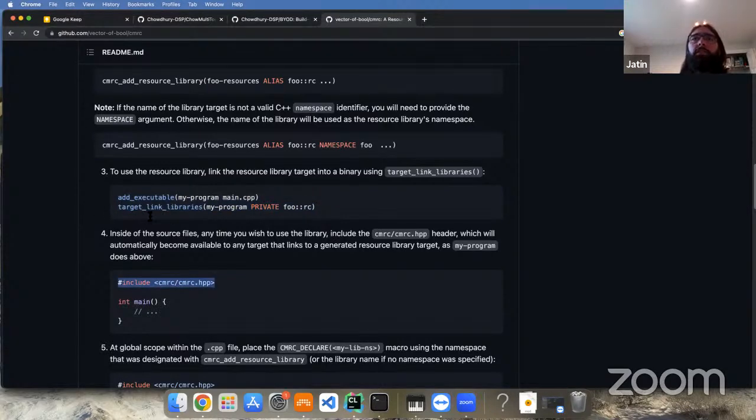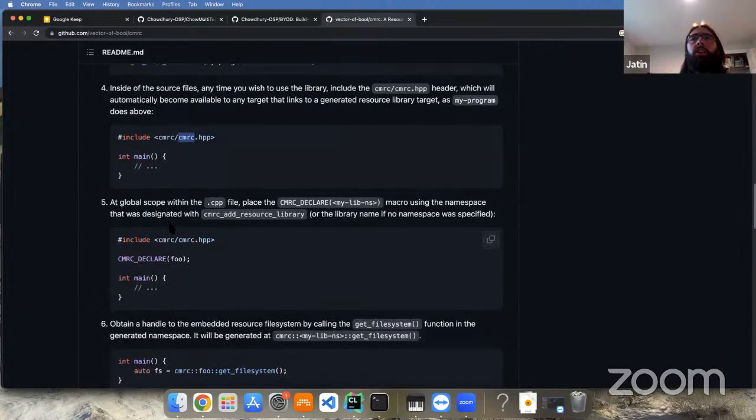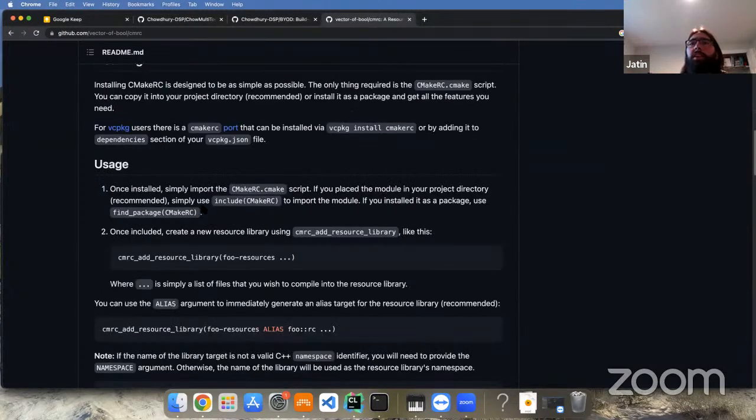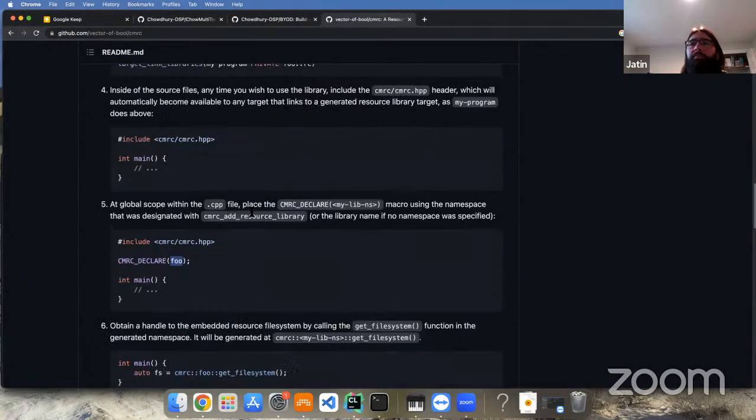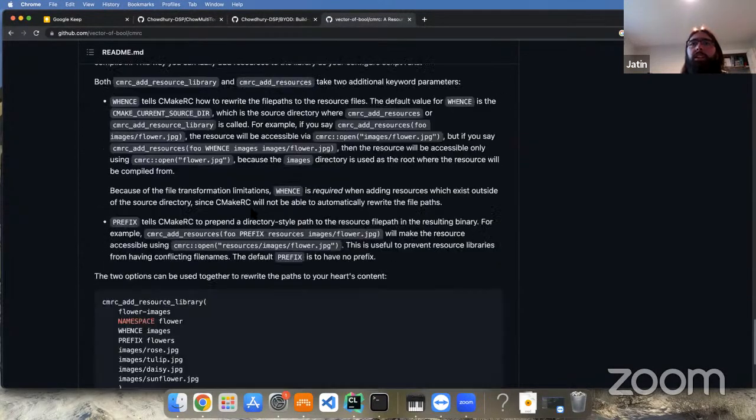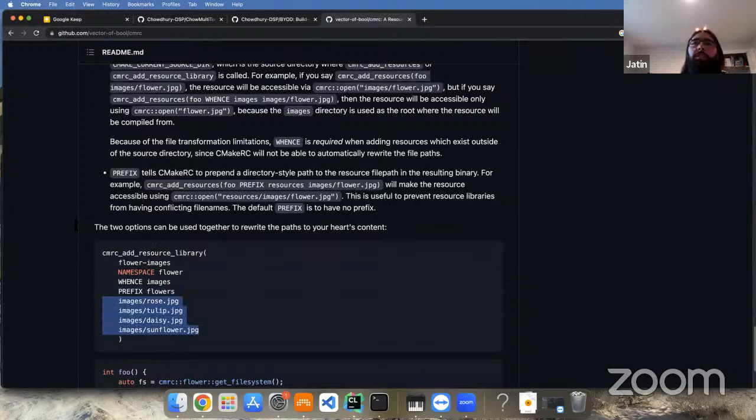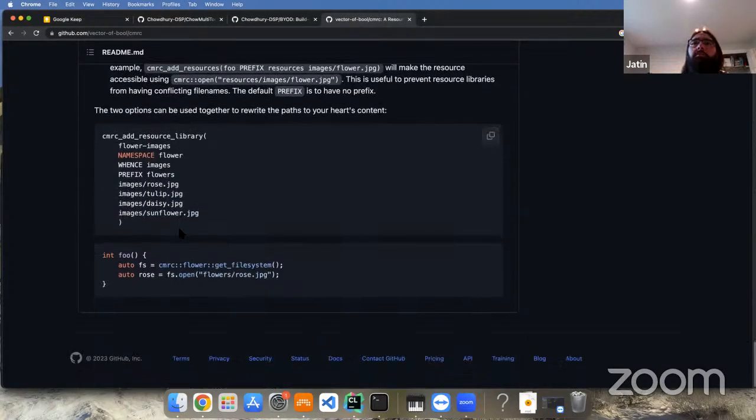Then in your C++ code, you include their header and you declare basically your file system. So you just say, hey, this is a file system called foo. And I defined it in my CMake here. And yeah, it's pretty neat because you can do a whole bunch of stuff with basically having a virtual file system that exists both on your computer and in your CMRC library.